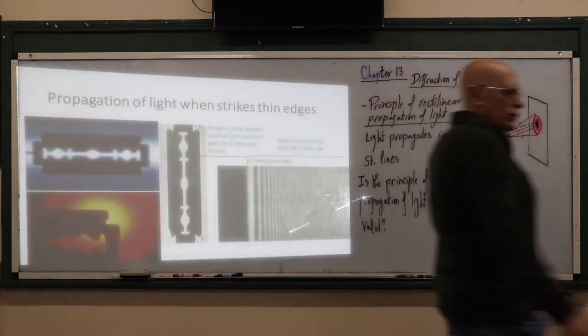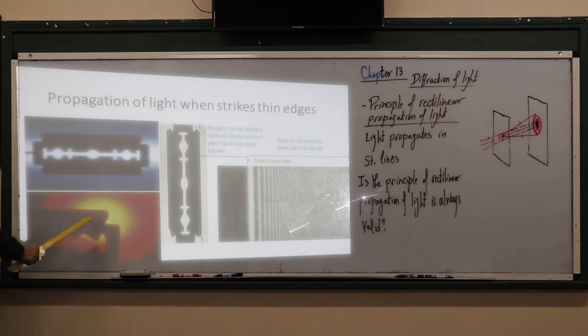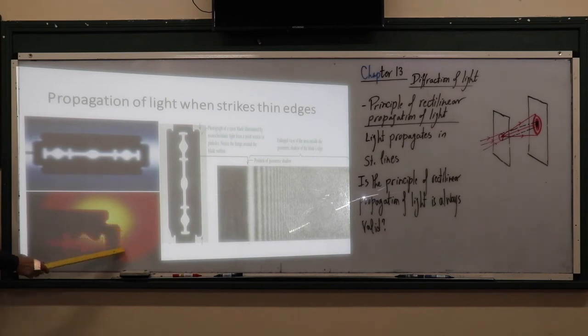Yani the edges of the razor blade, when illuminated by light, see what you observe. You observe a region of bright light surrounding it and around the edges.